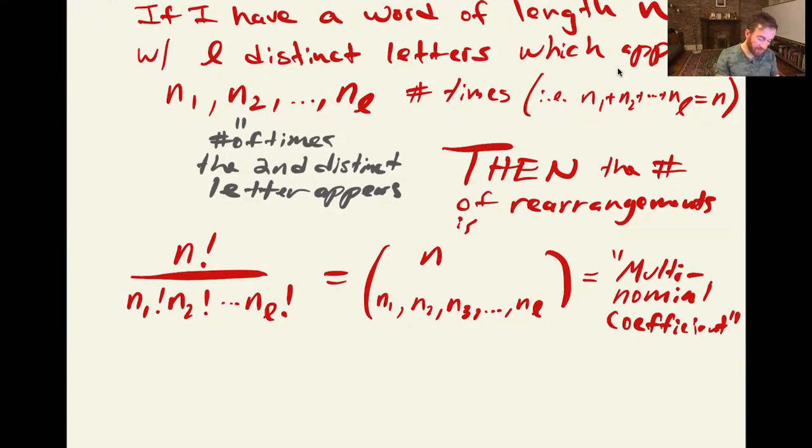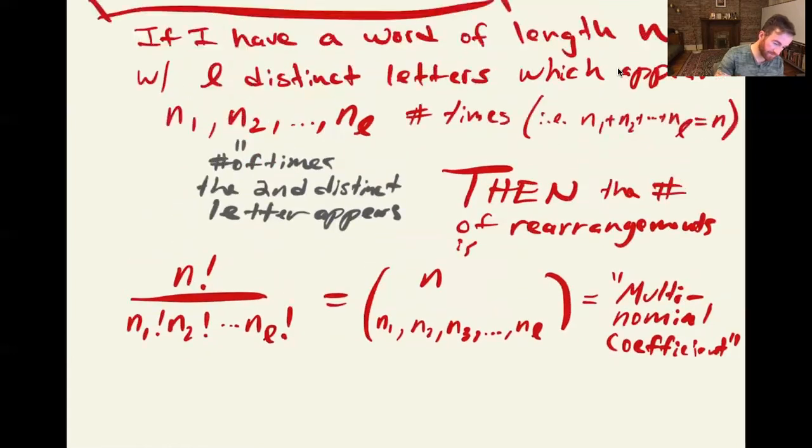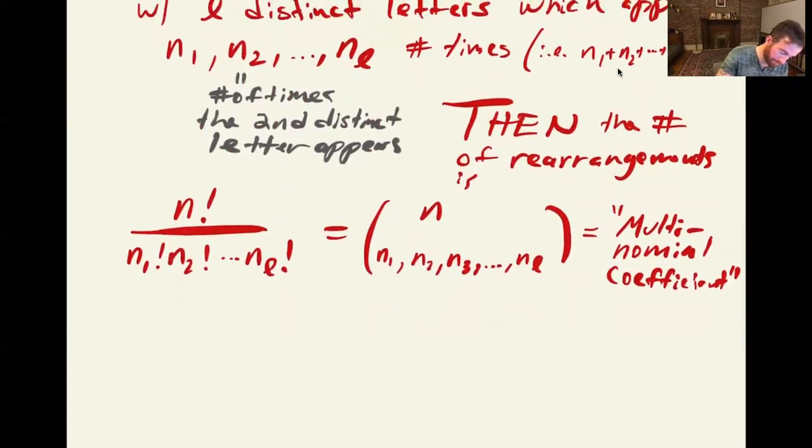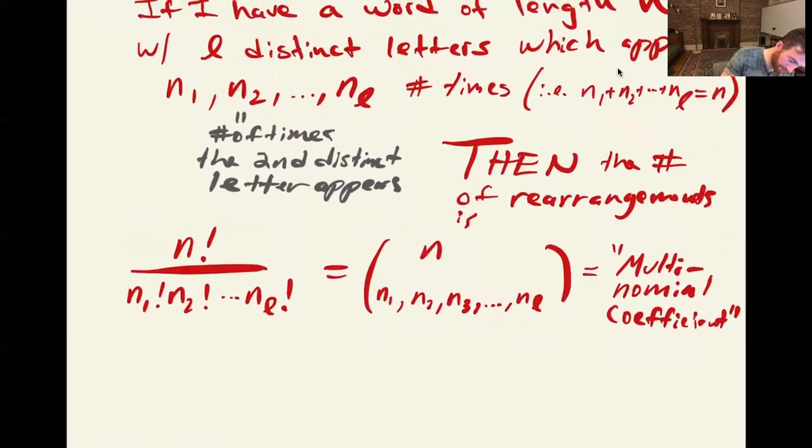So let's go ahead and apply this formula in some examples. Another classic example is the word "otto". So let's go ahead and show that this works. So here n is equal to 4.